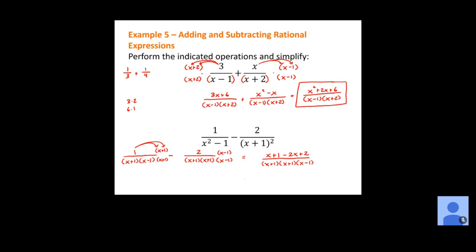And then my last step is just to combine like terms up there. And so once we do that, what should we get in the numerator? Okay, so x plus 1 and then minus 2x plus 2, combining like terms will give us what?